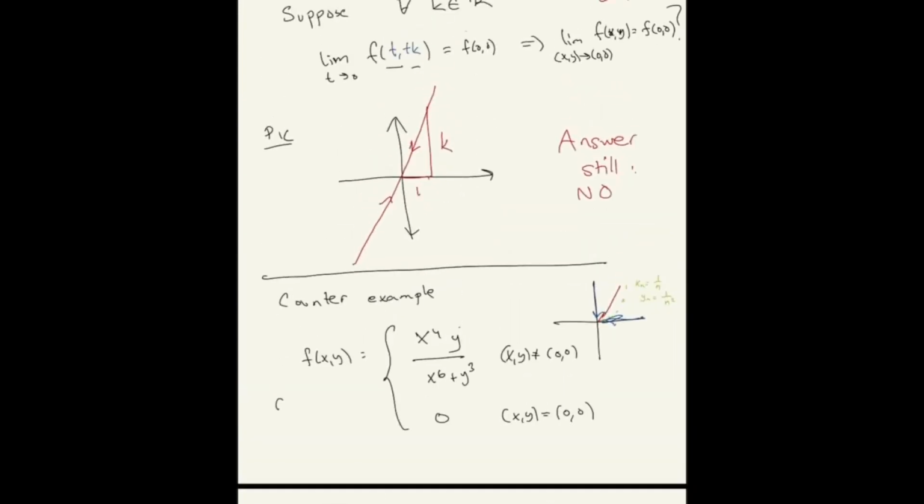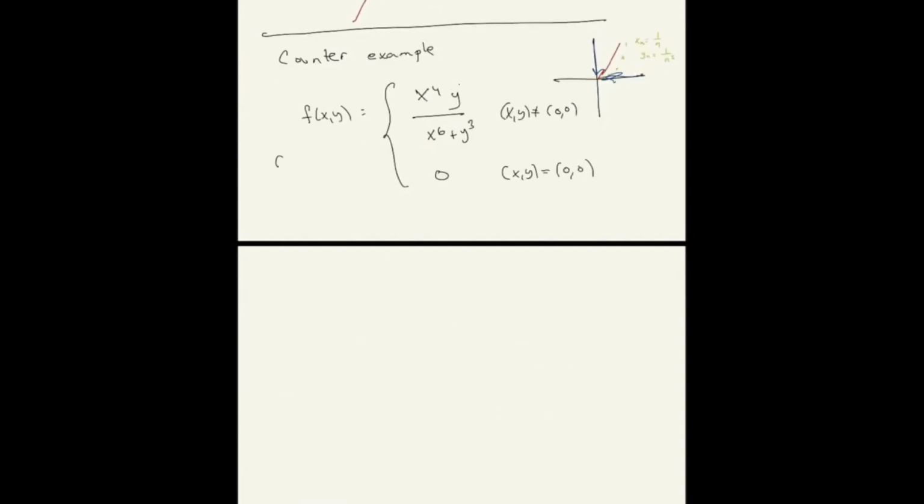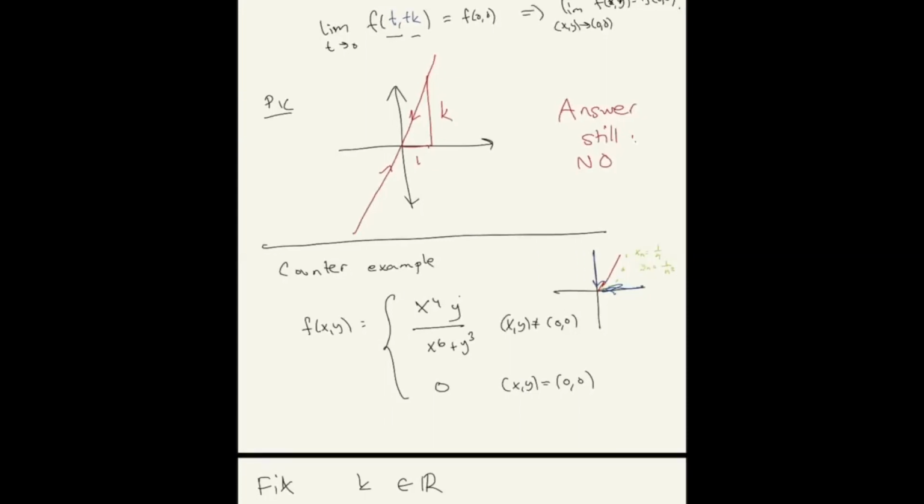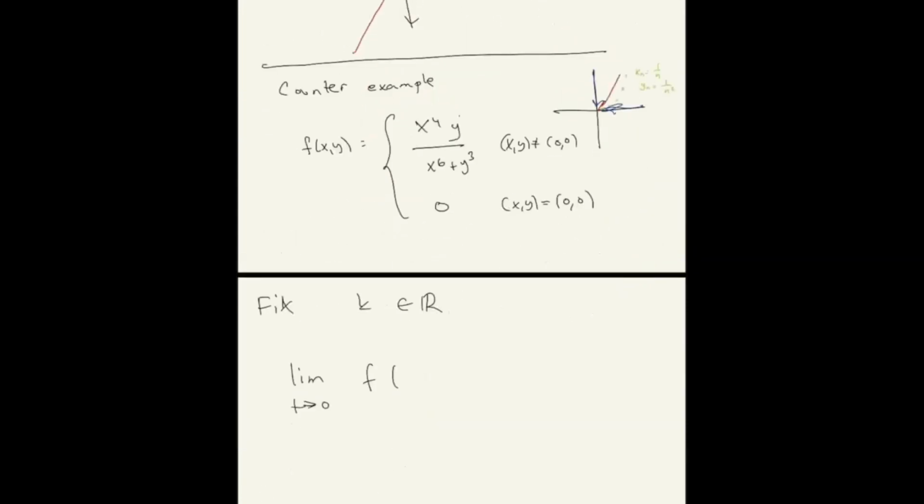Now, let's compute the limit along these directions. If we fix a k in real numbers, the limit as t goes to 0 along this slanted line that we drew here is f(t, tk).